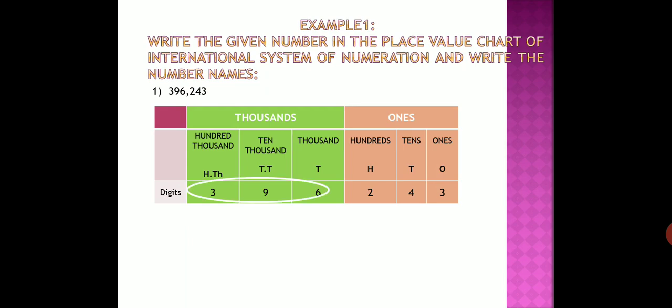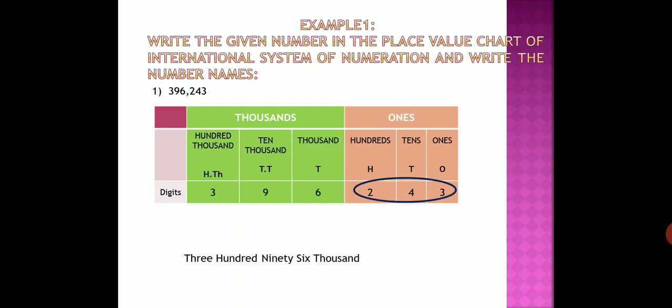Now you can see in the first set you have 3, 9, 6. All these numbers come under the heading thousands. So the answer will be 396,000. Then in the next you have 243.